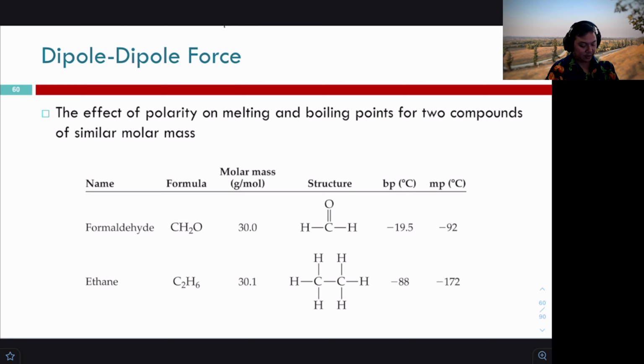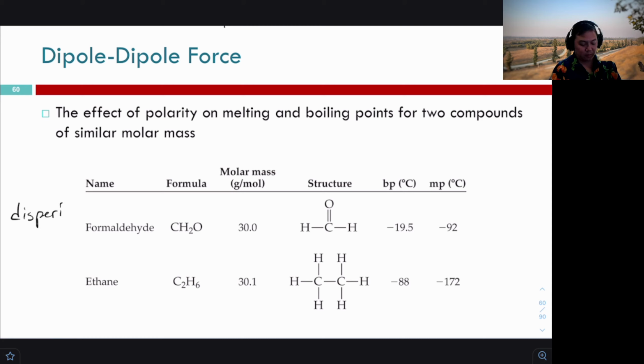Another thing I want to add here too is that these intermolecular forces are additive, meaning that if you have more than one of them, you can sort of add their strengths together. And that's kind of another way to think about it, because everything has dispersion forces.